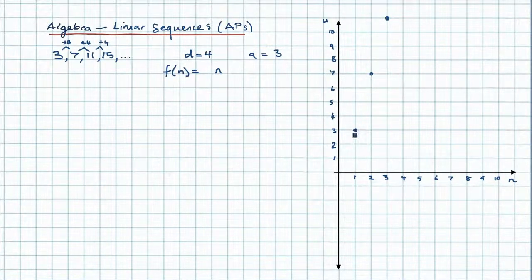Now, we haven't got a line in this case, but we have got, if you like, an invisible line. And we get the gradient by dividing the rise over the run, as we used to call it. In other words, this distance here divided by this distance here gives us the gradient of the whole line.